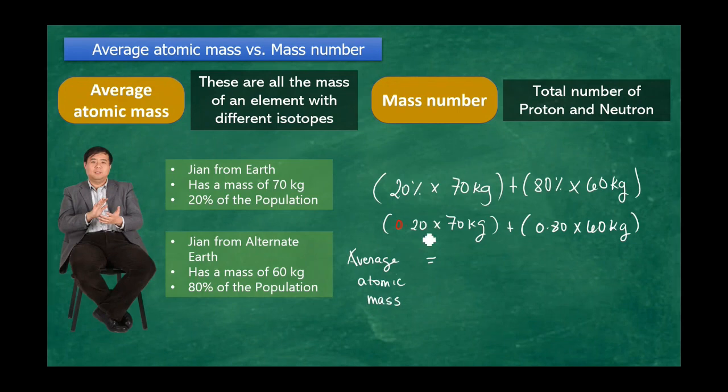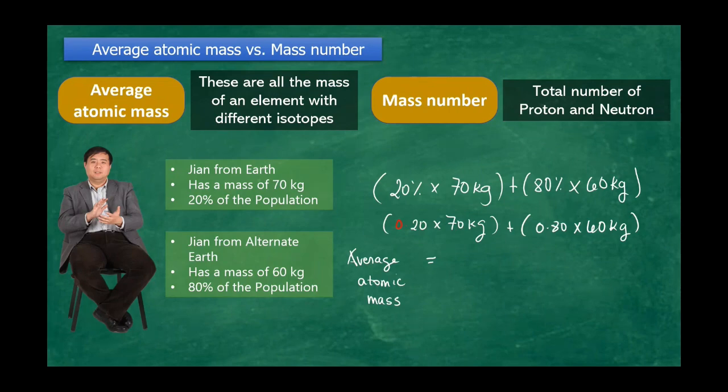So can you please compute it? From the term average, we might just divide it by 2. But remember, Gian occupies 20% of the population. We have to include it in doing the average, so we will know how many of him are in that population, his weight in that population.